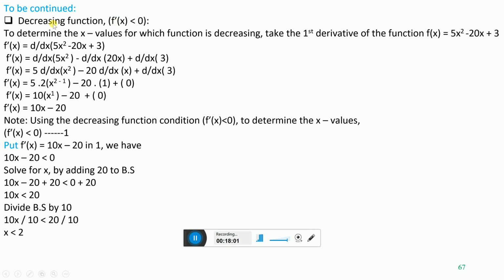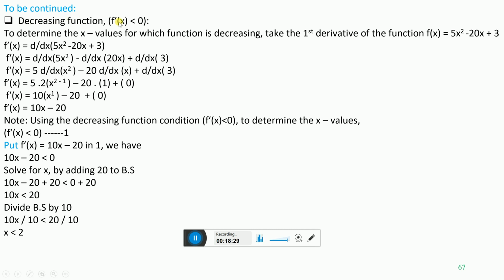Now the second condition. I am explaining the second part of this given example: determine those x values for which this given function will be a decreasing function, as well as how we can examine and determine the x values, how we can examine that this function is decreasing. We will learn it here.